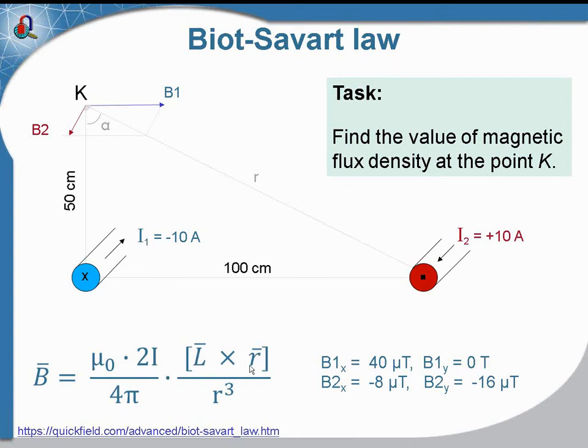R vector starts at the conductor carrying the current and ends at the point of interest. And R scalar value is equal to the distance between the conductor and the point of interest.